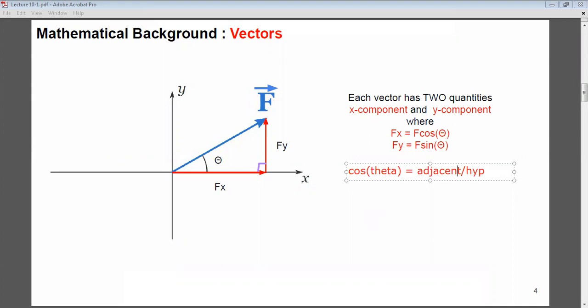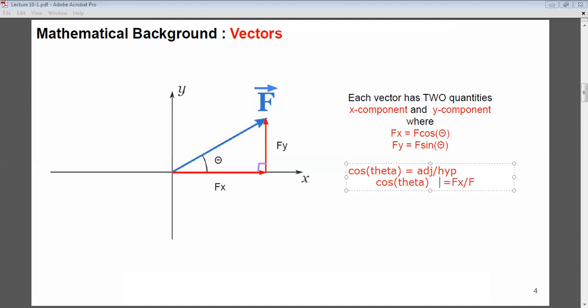Let's give it some abbreviations. So how much is cosine theta? This will be the adjacent side, which is Fx, divided by the hypotenuse, which is F. So this is cosine theta.